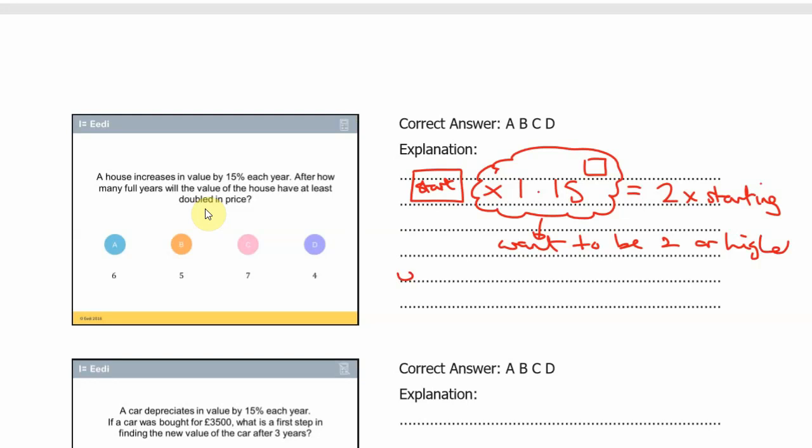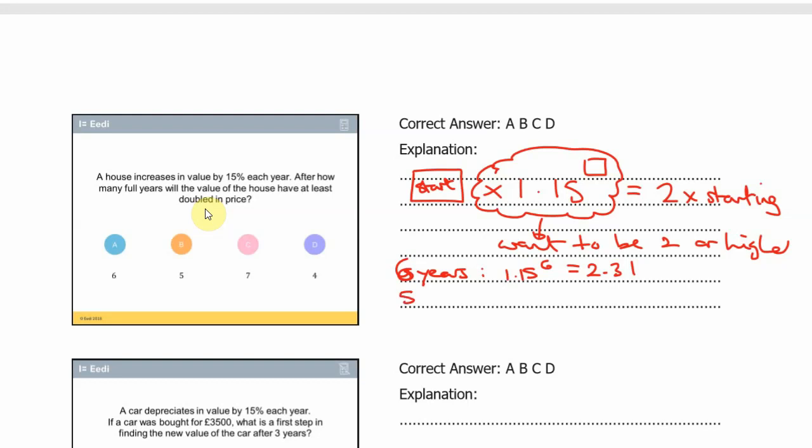So if I try 6 years, that's going to be 1.15 to the power of 6. That gets me 2.31. So after 6 years, the value has increased by 2.31 times.